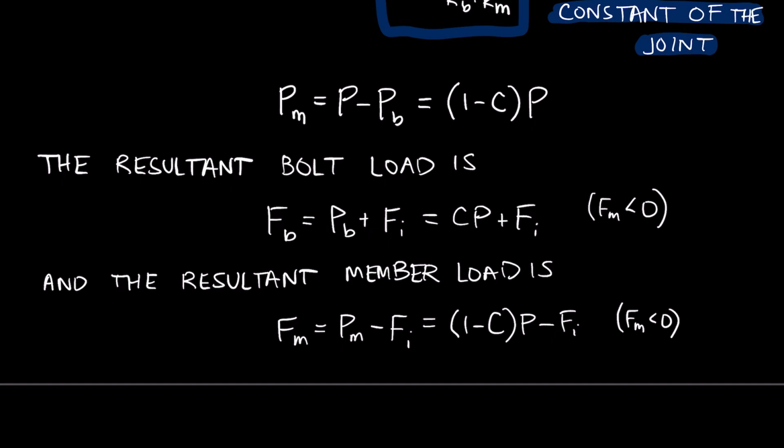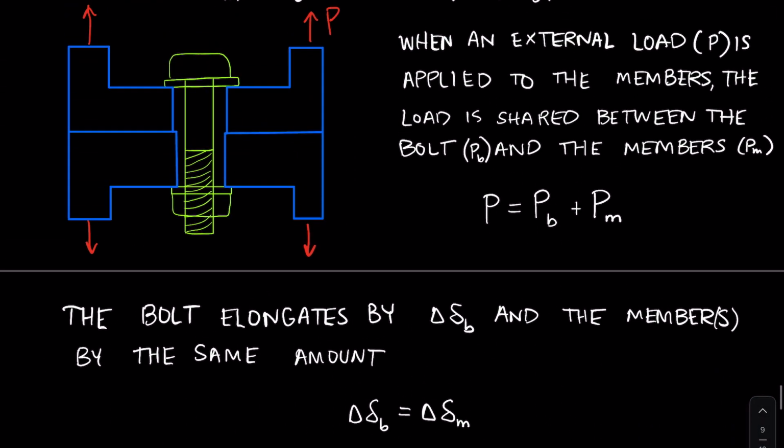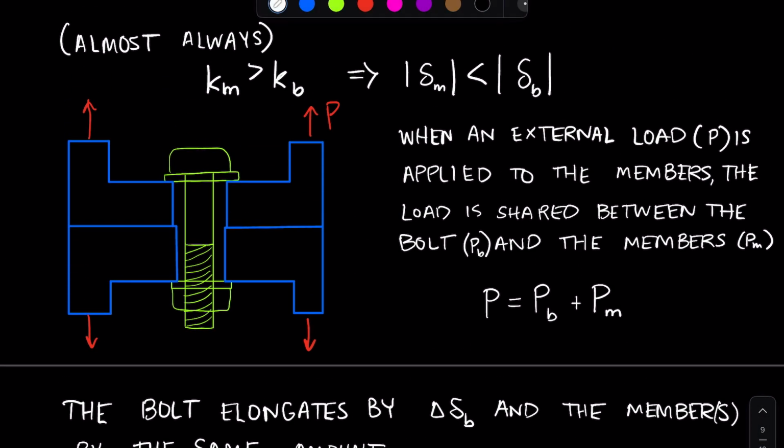In other words, this means that the clamped members have still not separated when the resultant member load is negative. They're still in contact. If the members ever separate and are no longer in contact with one another, then all of the external load will go to the bolt because the bolt is the only thing that's holding everything together. If I come back up here, just try to draw that really quickly.